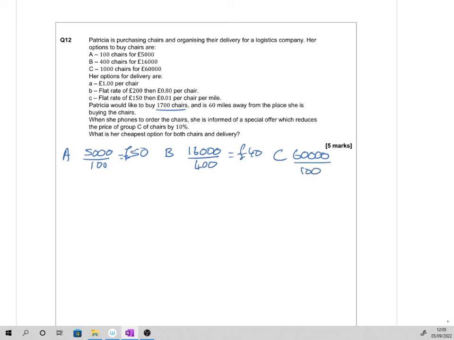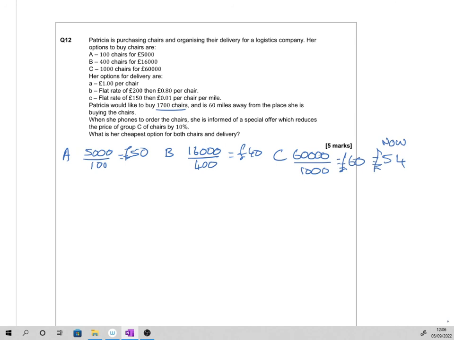Divided by 1,000, so £60 a chair. Right, so we've got three sorts of chairs there. No, C is 10% less. So take 10% of that is 6. So that's now £54.